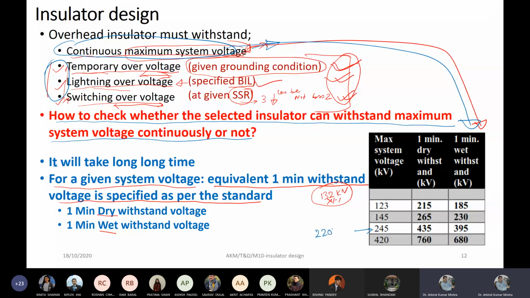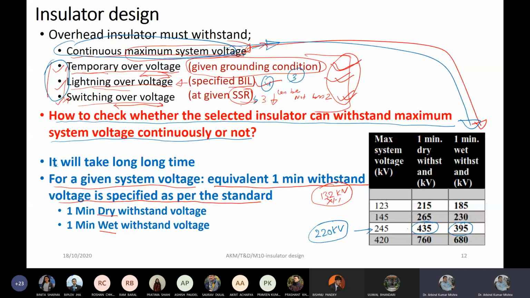Say, for example, 220 kilovolts. For 220 kilovolt continuous maximum voltage withstand, you have to select an insulator which should withstand 430 kilovolt during the dry condition for one minute, and 395 kilovolt when the insulator is wet, for 1 minute.